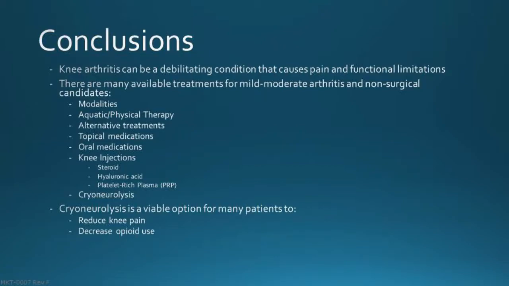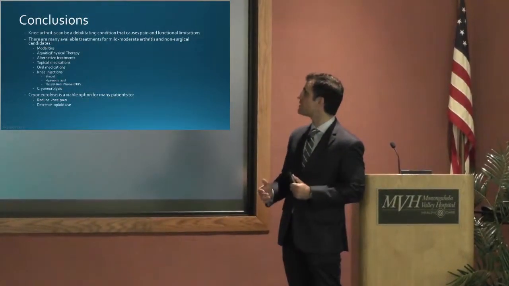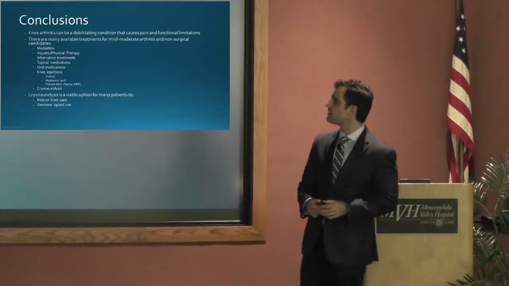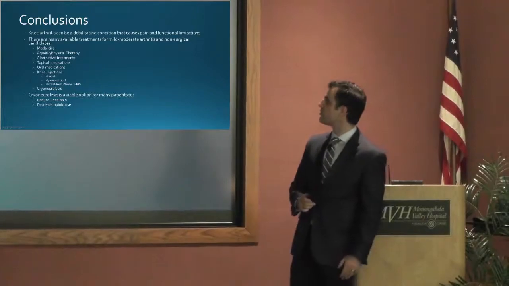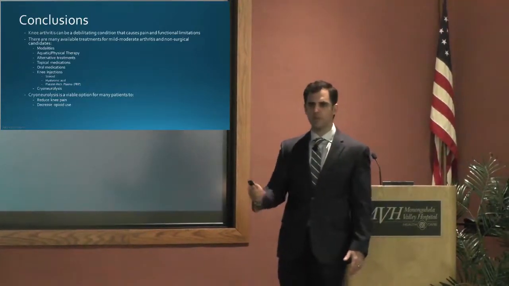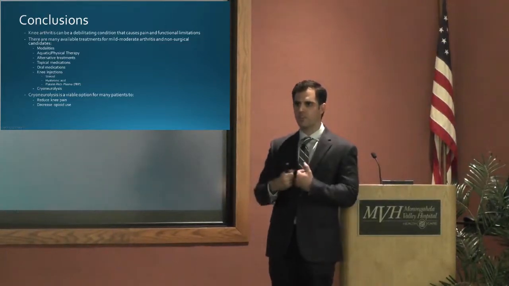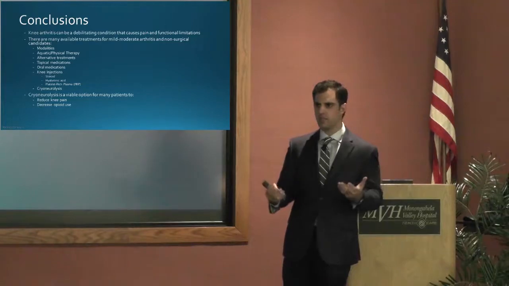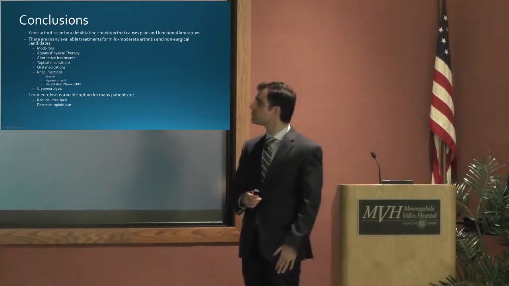Conclusions. So we've gone on a long voyage here, right? Talking about all kinds of things. So knee arthritis can be a debilitating condition that causes pain and functional limitations. There are many available treatments for mild to moderate arthritis and non-surgical candidates. We talked about when patients have severe arthritis where it's bone on bone, that's the time to talk to a surgeon if that's something that's appropriate for you.